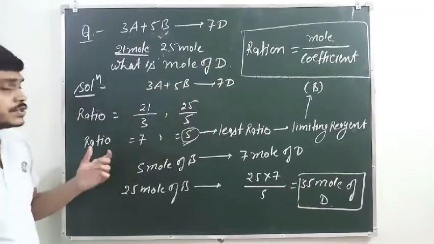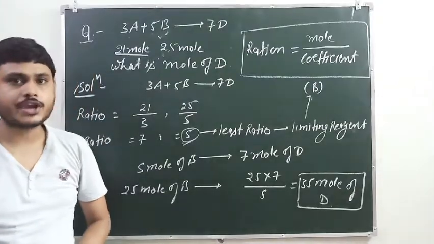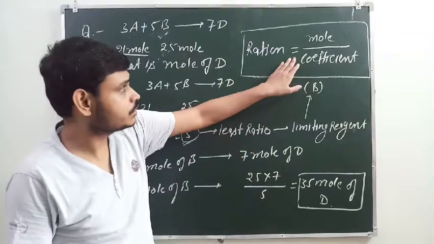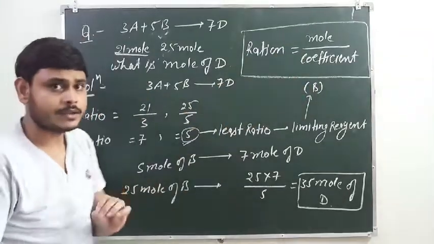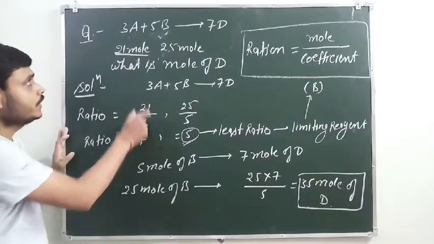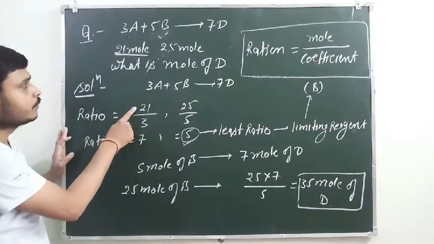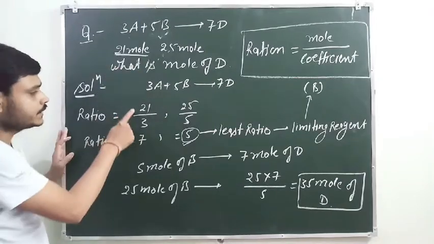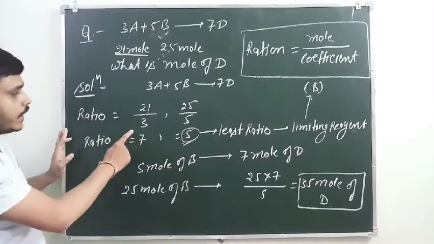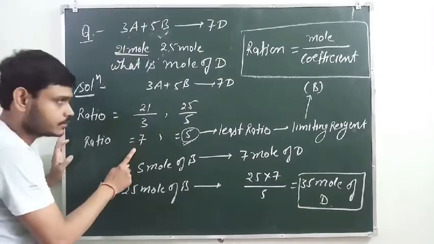First, we have to find the ratio of mole and coefficient of every reactant. We know ratio is equal to mole upon coefficient. This is the ratio of reactant A: 21 is the mole of reactant A, and 3 is the coefficient, so the ratio of reactant A is equal to 7.